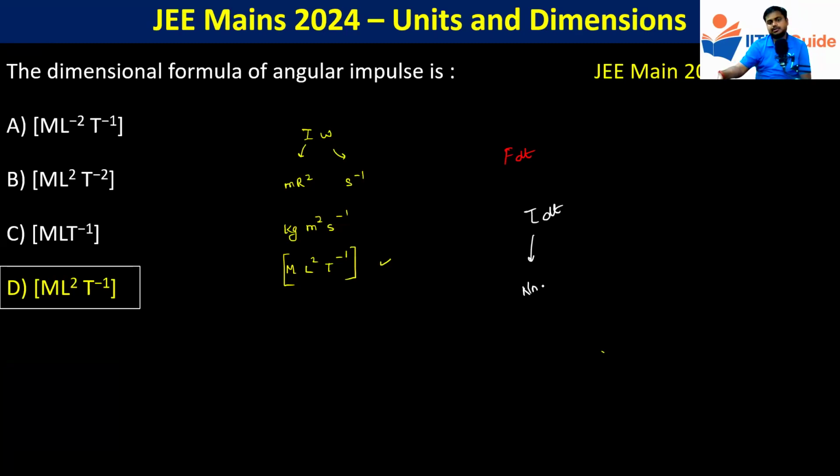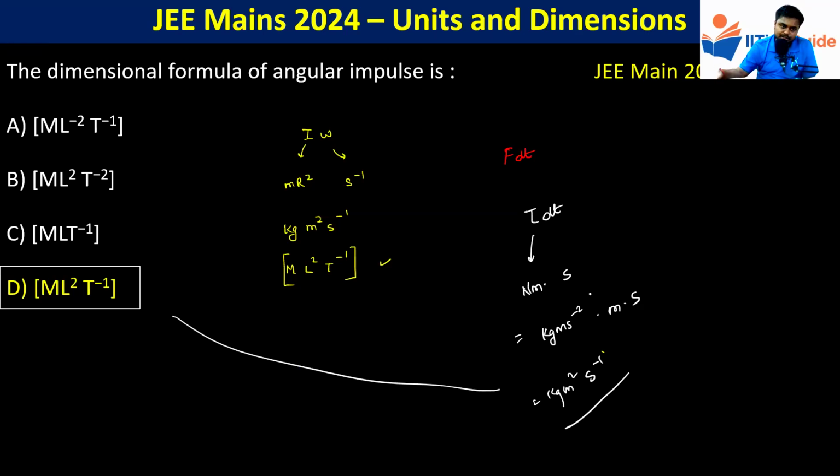Torque is Newton meter, dt is second. So kg m^2 s^-2 times s, which is kg m^2 per second. If it is clear, please raise your hand.